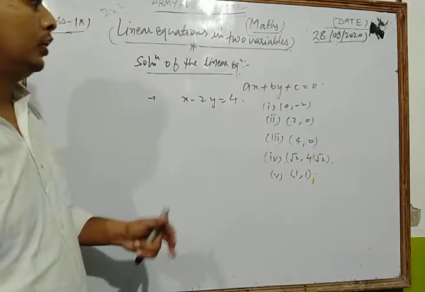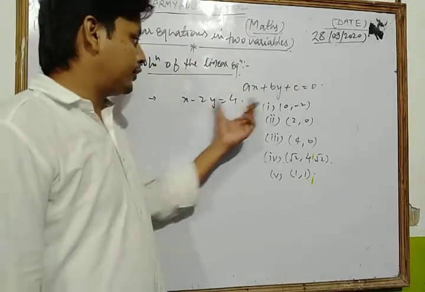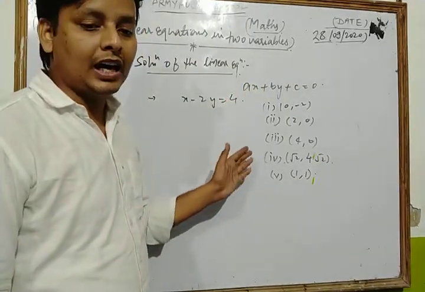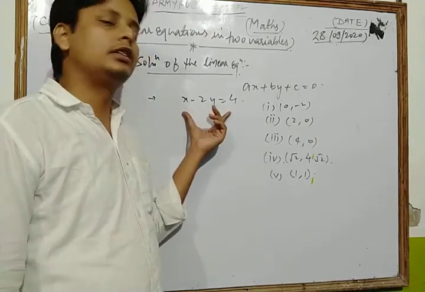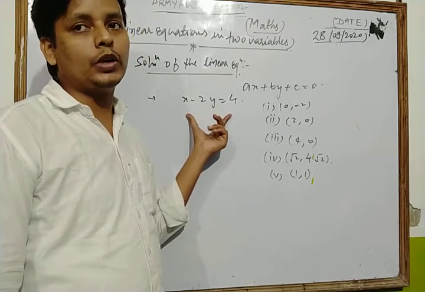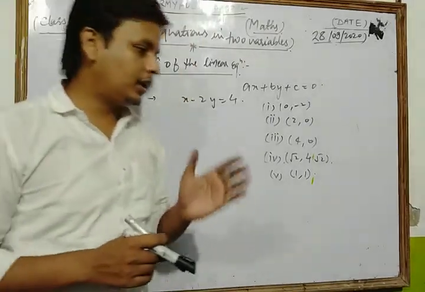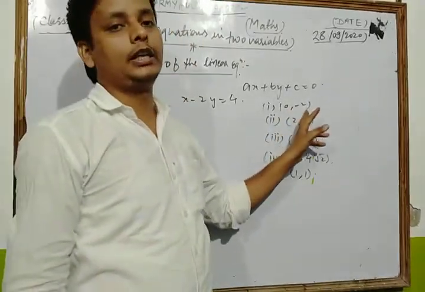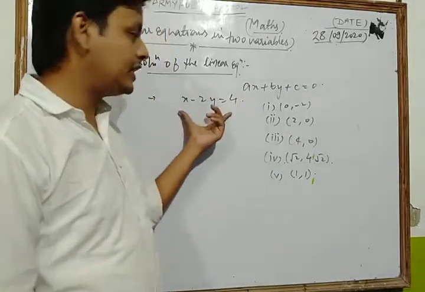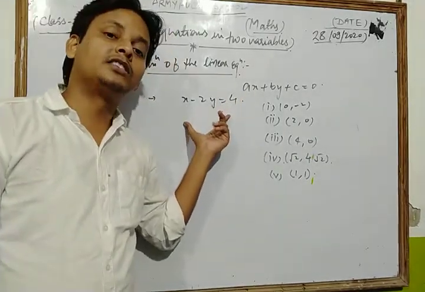Now we check which of the following are solutions of the given linear equation in two variables. Dear students, I just discussed that the pair of values of x and y which satisfy an equation is known as its solution.